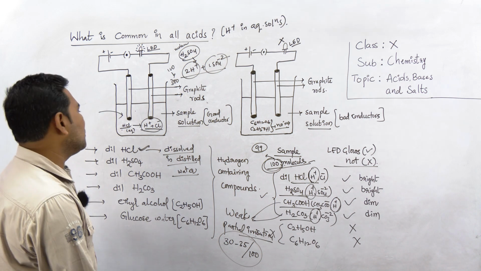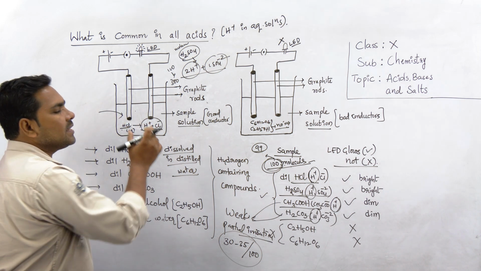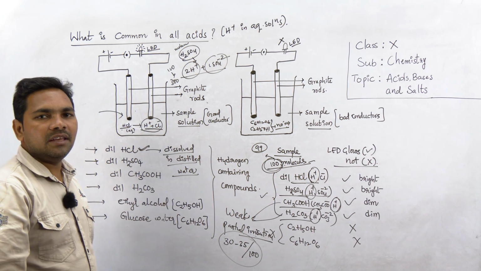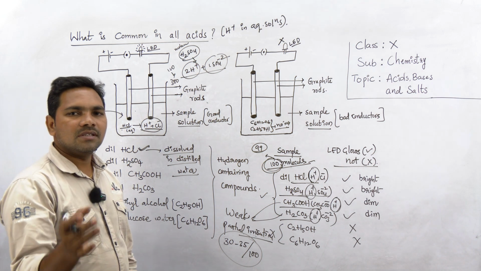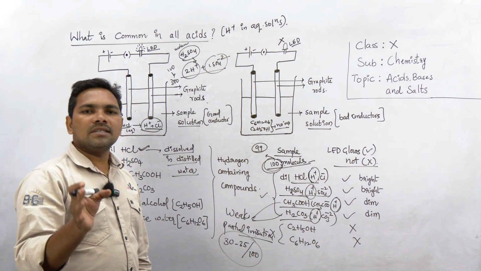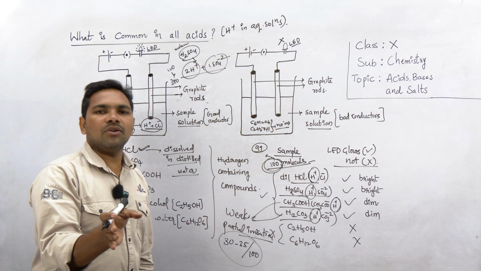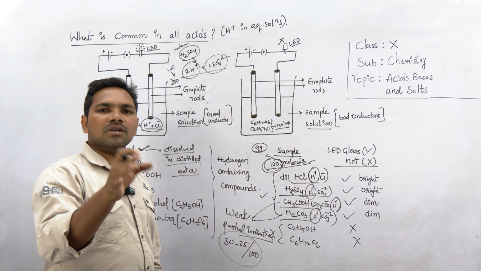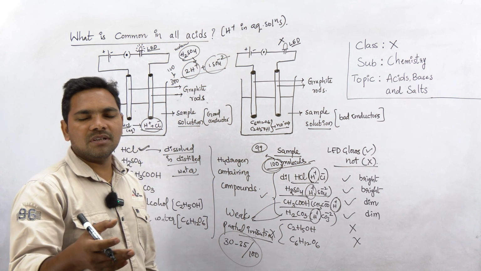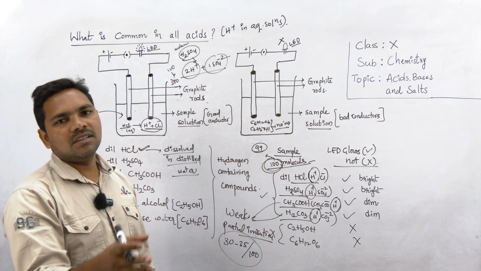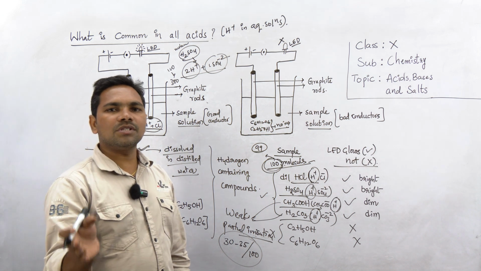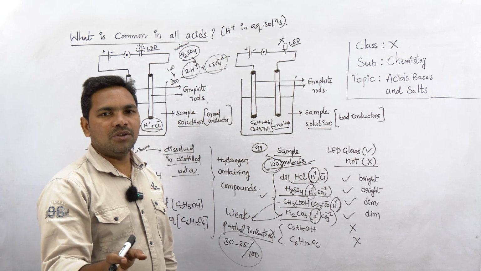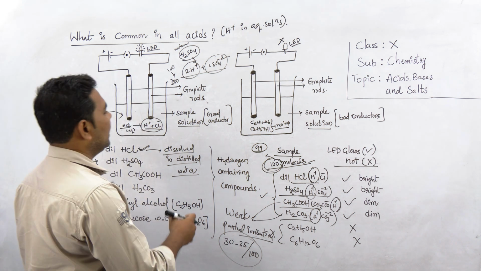Now from this we also say, strong acids ionize completely, whereas weak acids ionize partially. So the acids that undergo complete ionization and produce a high concentration of hydrogen ions are called strong acids, whereas weak acids undergo partial ionization and produce a low concentration of H+ ions.